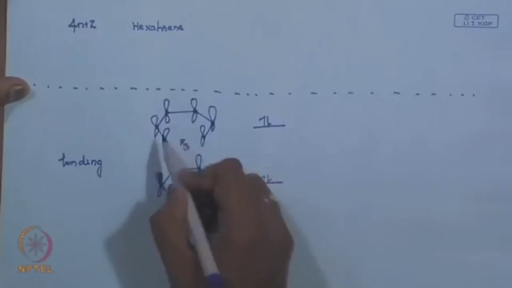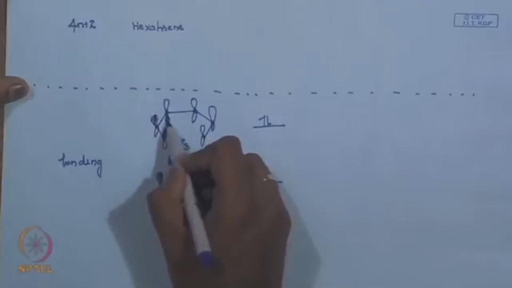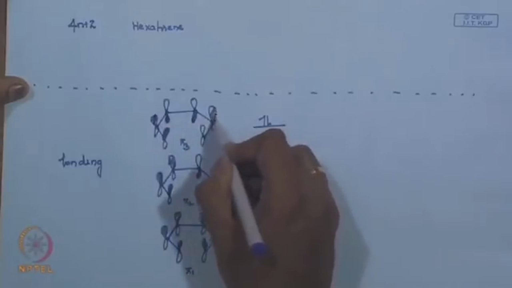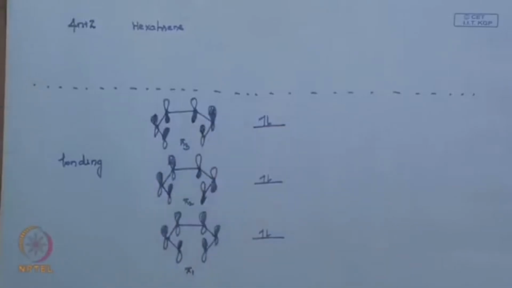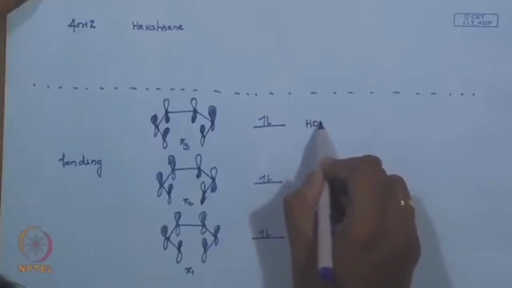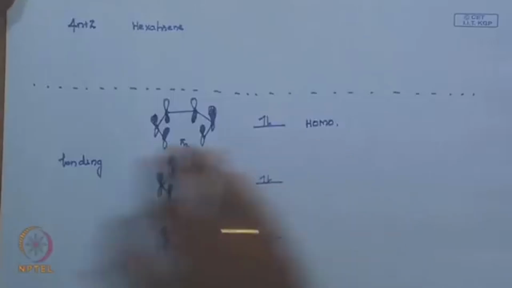Here it will be 1, it will be up, then it will be down, it will be up, right. So, this is your bonding system, and this is the part which you are going to be much worrying about, your HOMO.